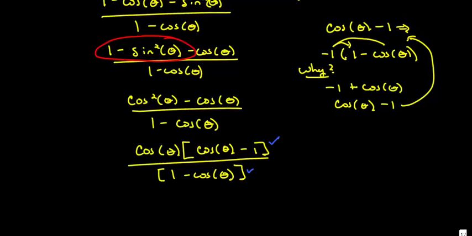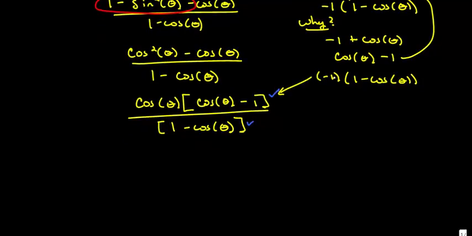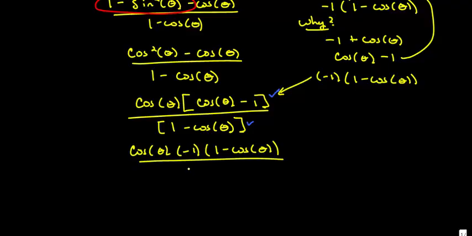So what we're going to do is pull one of these out. We're going to go negative 1 times 1 minus cosine theta is equal to cosine theta minus 1, this guy right here. So watch what happens. I'm going to have cosine theta times negative 1 times 1 minus cosine theta, and that whole thing is over 1 minus cosine theta.